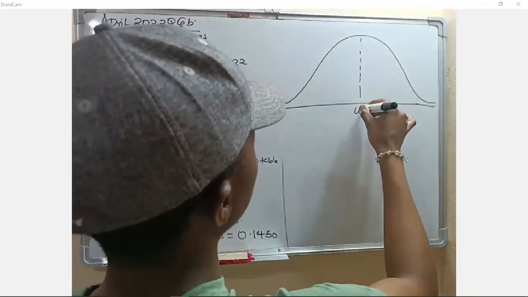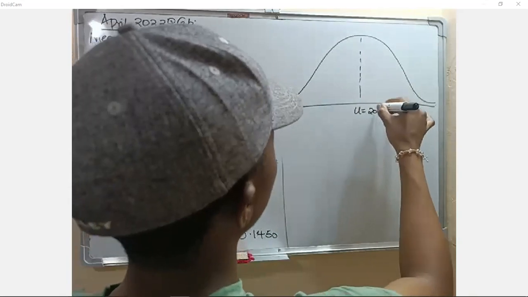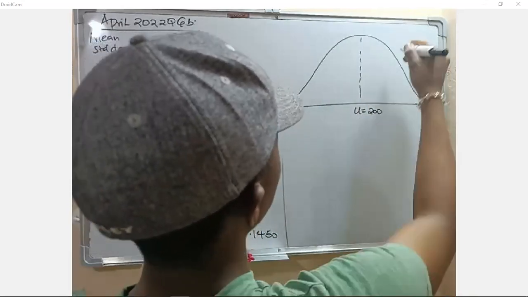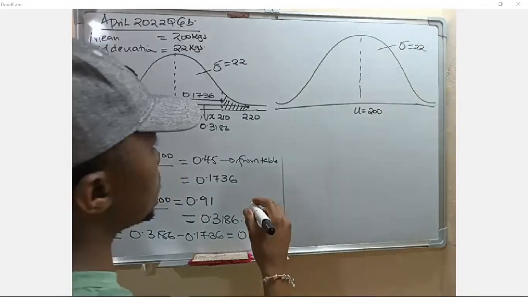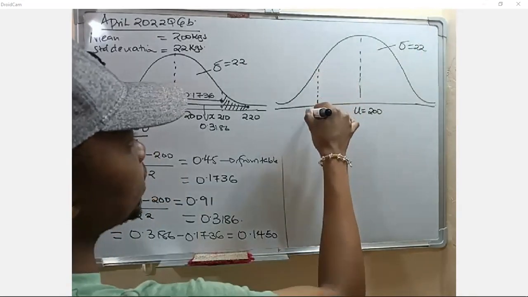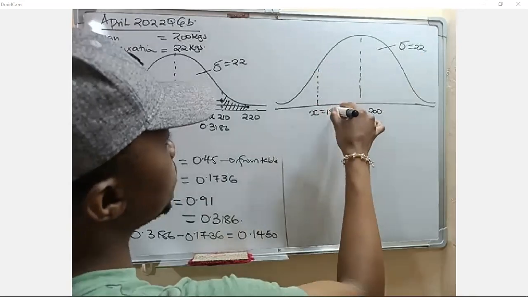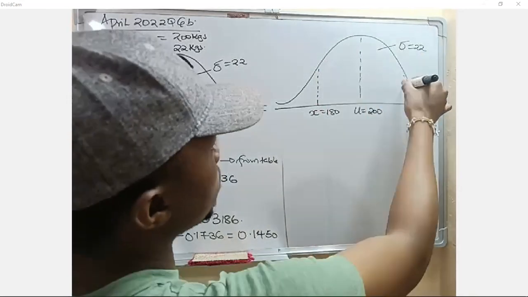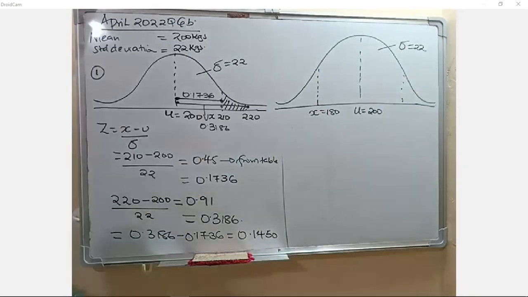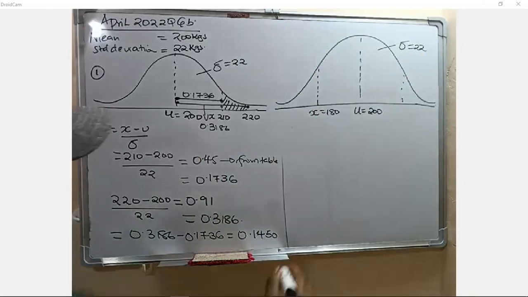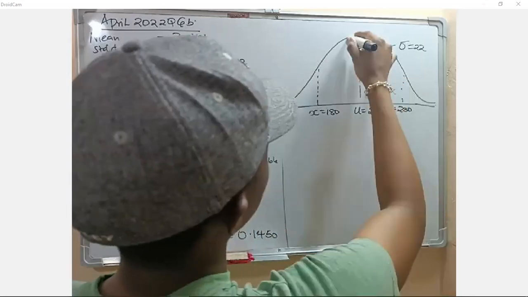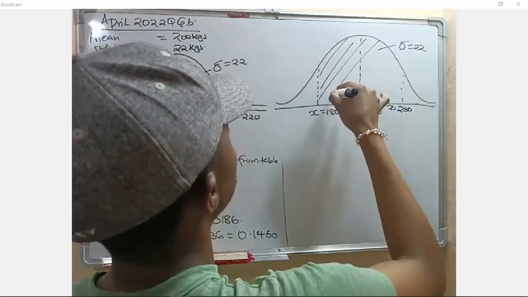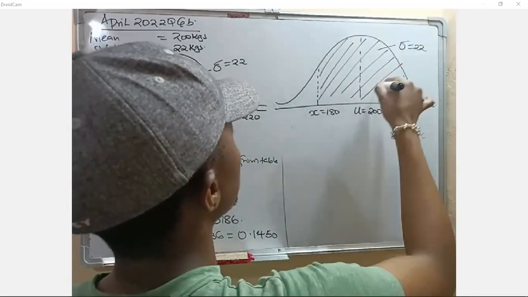So the normal distribution curve, we start by drawing our mean. Then here our standard deviation is 22. So we are discussing between 180, which falls here. X is 180. Then the other one, we are being told between 180 and 230. 230 falls here. So the examiner wants the shaded region here. This is very simple because it's just an addition.